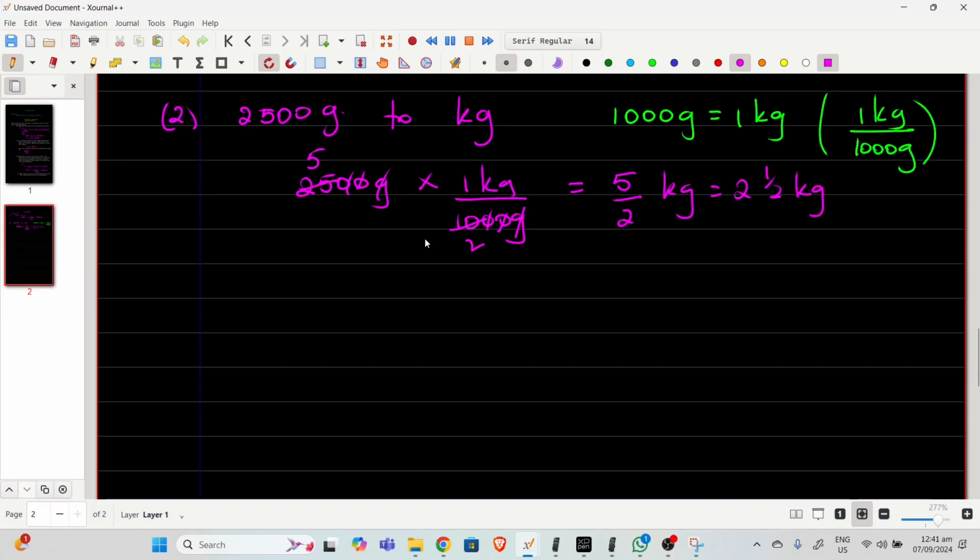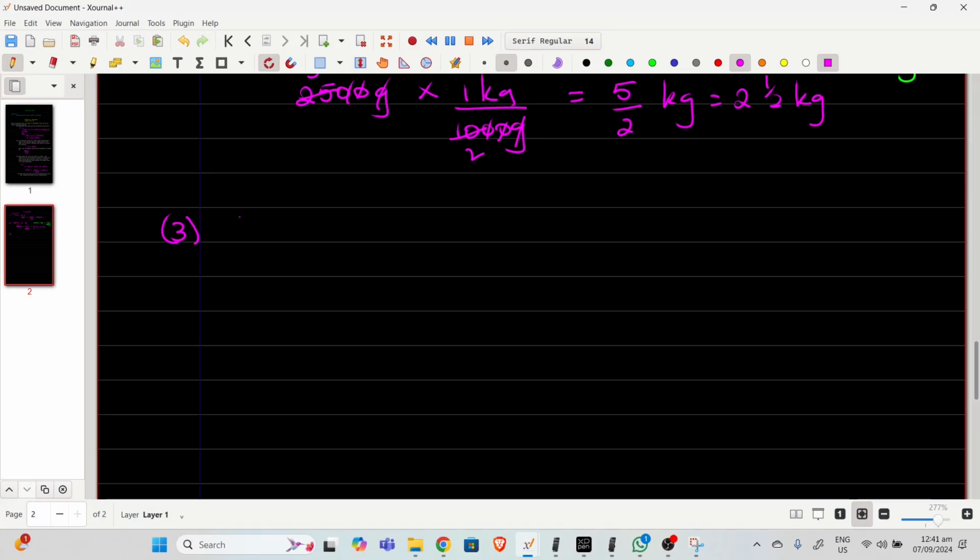Alright, let's do a third one. Let's say we want to convert 120 minutes to hours. And first we have to figure out our conversion factor and our ratio. So we know that 1 hour has 60 minutes. We are converting from minutes, so minutes have to go in the denominator.